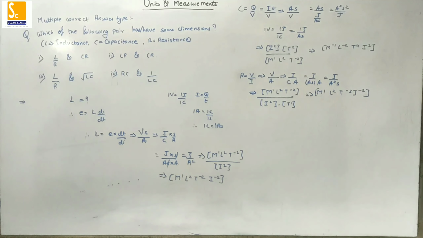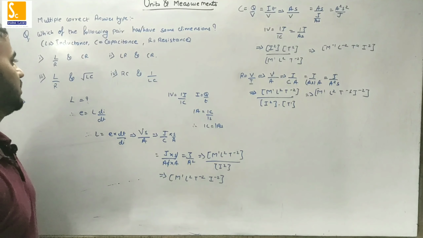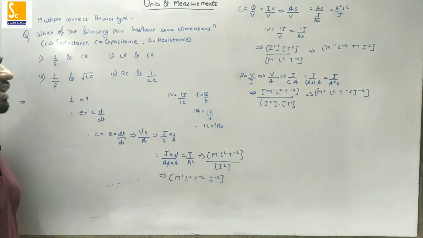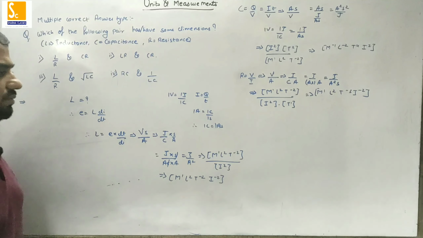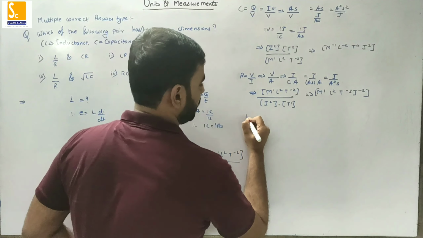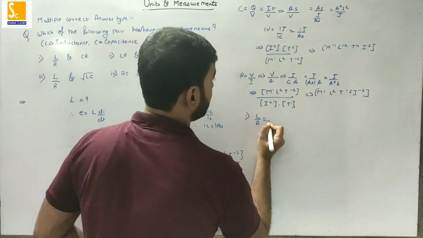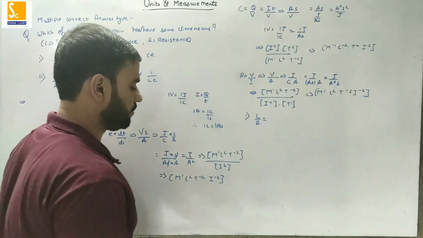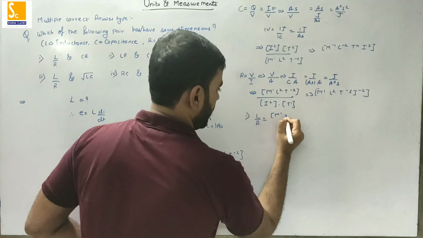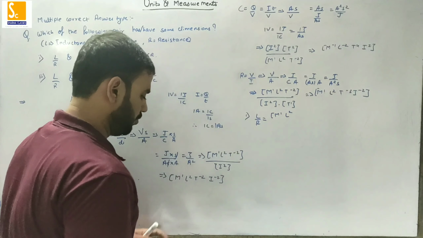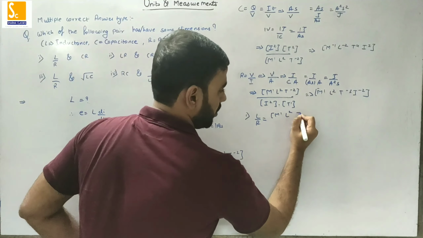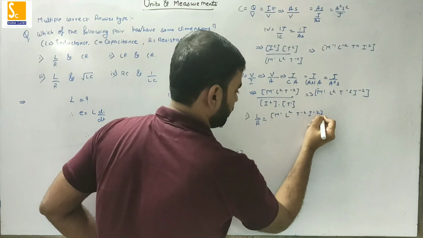Okay, now we will check in the options one by one which ones have the same dimensional formulas. Let's start with the first option. First option is L by R. What is the dimensional formula for L? M raised to 1 L raised to 2 T raised to minus 2 and I raised to minus 2.